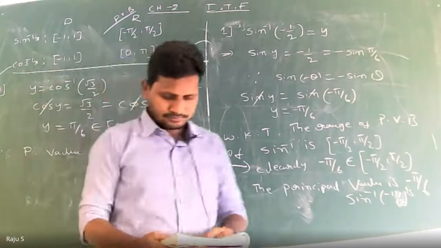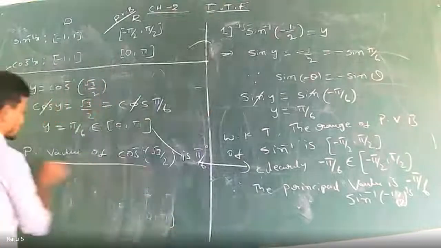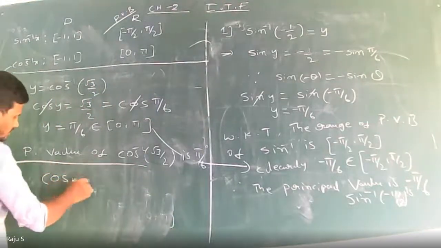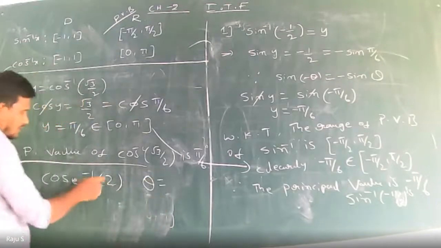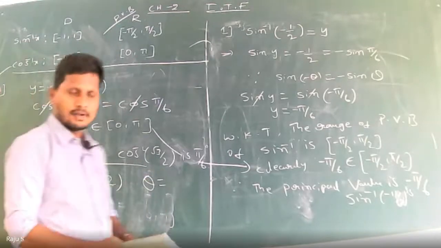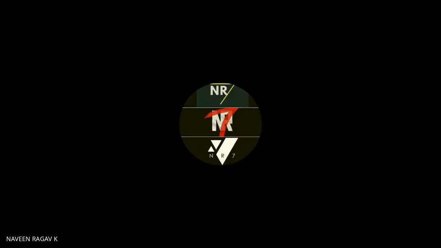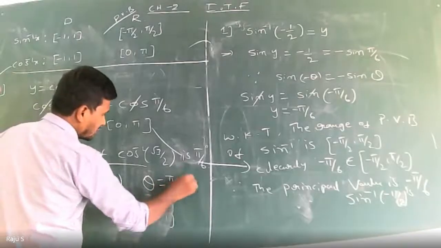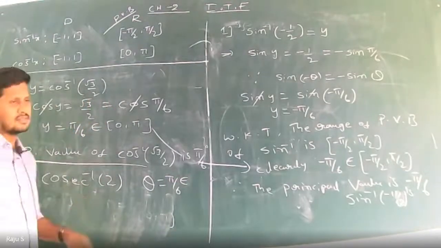Simple. The third question is cosecant inverse of 2. Can anyone answer within 2 seconds? For what value of theta will this be 2? pi by 6. Yes, pi by 6. So what about the principal value branch of cosecant inverse?